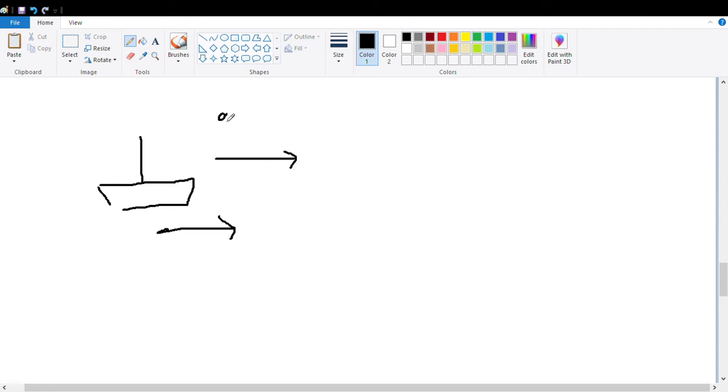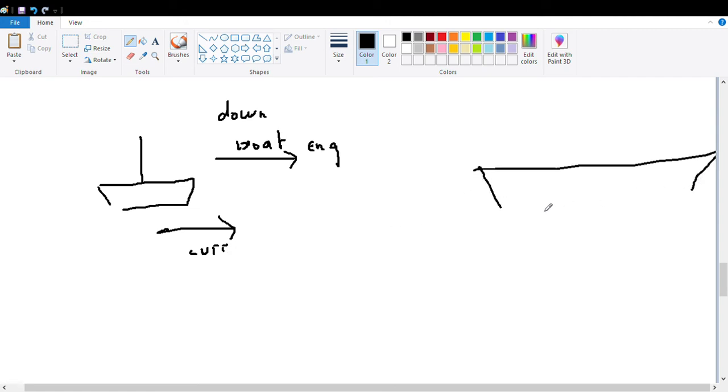This is downstream. This is the boat engine, and this is the current. Sorry for the horrible writing.